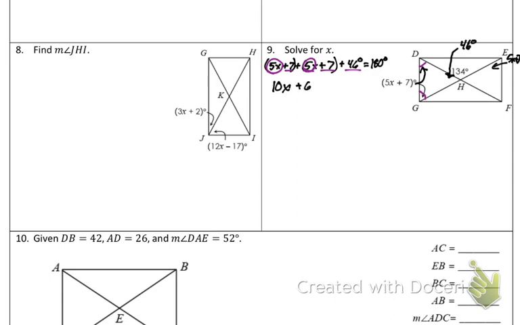So we have 10x plus 60 equals 180. We will subtract 60 on both sides. We'll have 10x equals 120. Divide both sides by 10, and we'll have x equals 12. And in fact, that's all I needed to do because it said just solve for x.